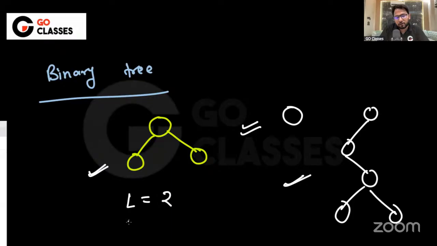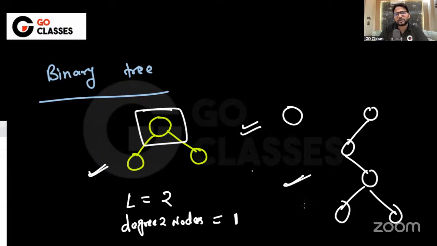Degree means how many descendants or nodes a node is connected to. This node is connected to two, so there is one such node which has degree two.